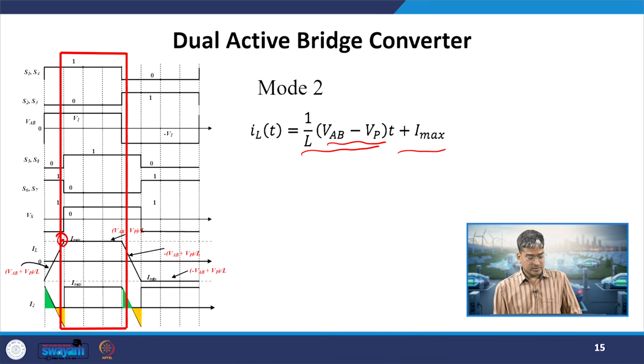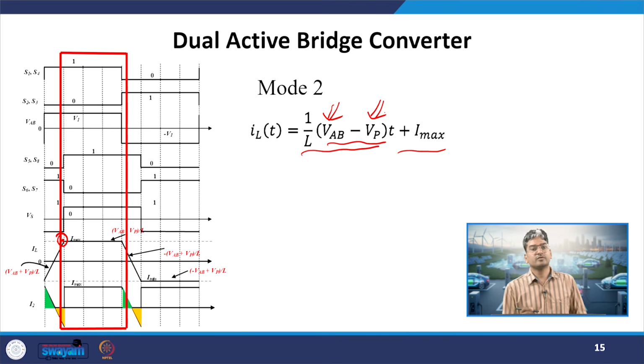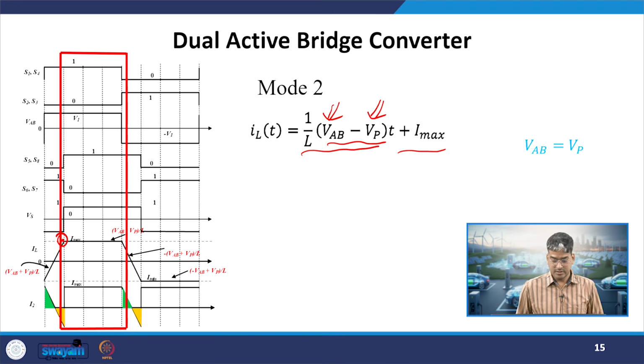So, why we are not replacing it by 0, because this is a generalized calculation. So, these calculations will be valid even if we do not have the rated values at the terminals. So, we will see what happens when we do not have rated values across the terminals, and why we will not have that condition which we are assuming over here. So, we will see that in the next example.